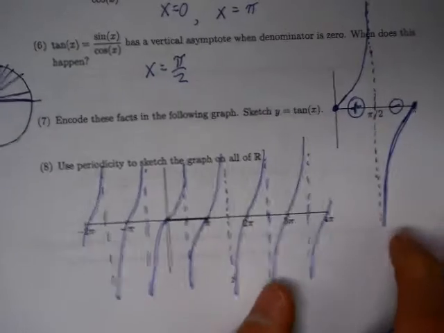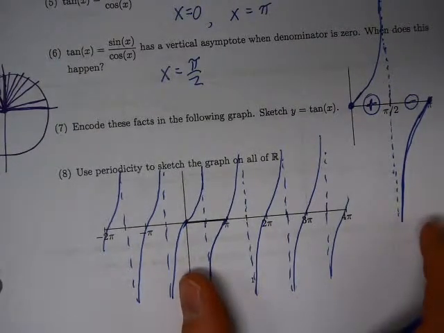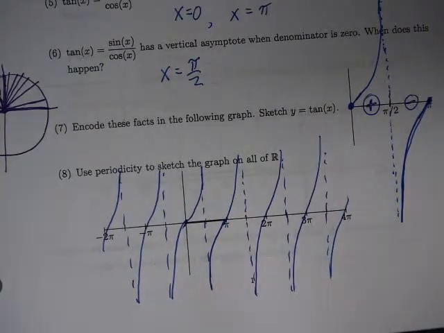Is tangent ever decreasing? No, never decreasing. Where does tangent have an x-intercept? At every multiple of pi. 0, pi, 2 pi, it's got an x-intercept. Where does this thing have a vertical asymptote?